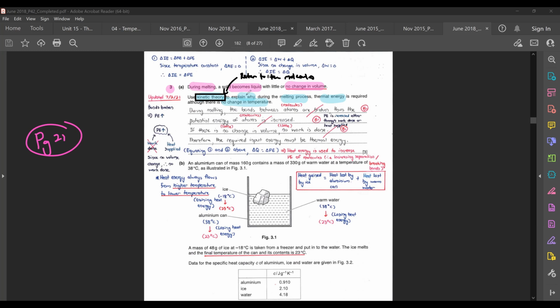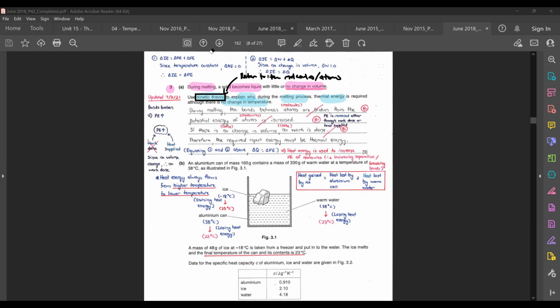So when they ask you to use kinetic theory to explain why you need heat energy in the first place, you have to refer to the molecules. What is actually happening to the molecules or your atoms? Okay. The terms are interchangeable. Sometimes you can call it atoms, sometimes you can call it molecules. It doesn't matter which one you use. So here, what can you actually say?